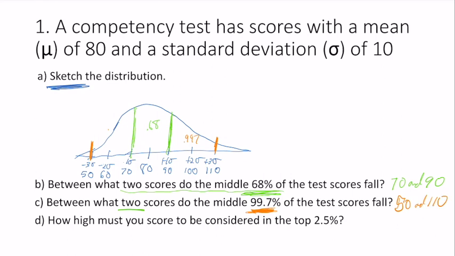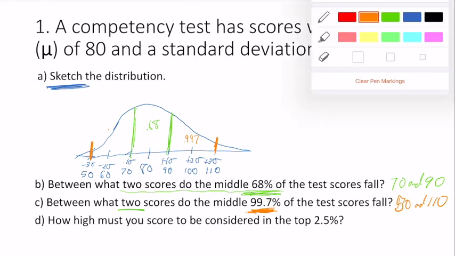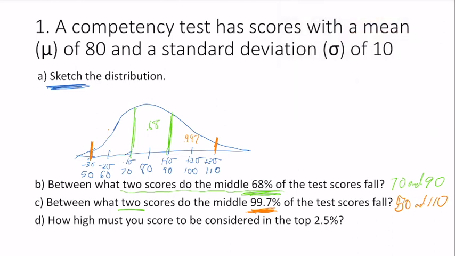Now, how high must your score be in order to be considered within the top, I guess we're going back to red, within the top 2.5% of data? Okay, so I want to know where over here, on this side, does the top 2.5% of data fall?